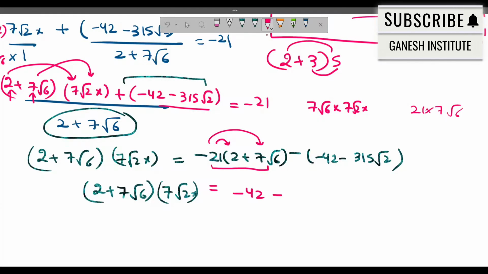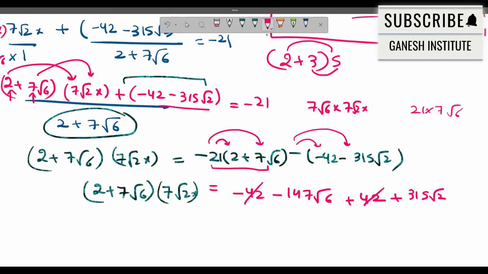So 7 times 21 would be 147, and then root 6. And this plus will be minus plus, that'd be plus. Yeah.